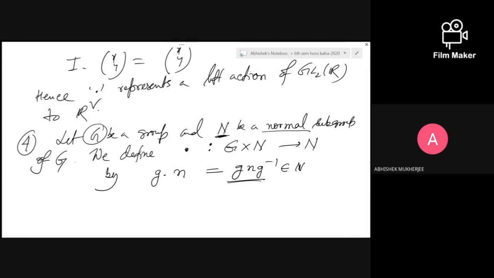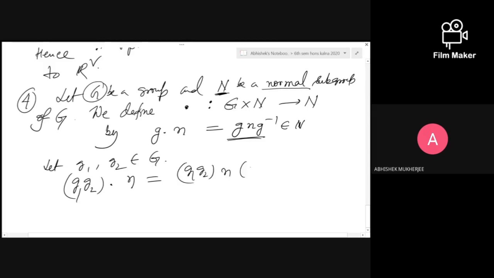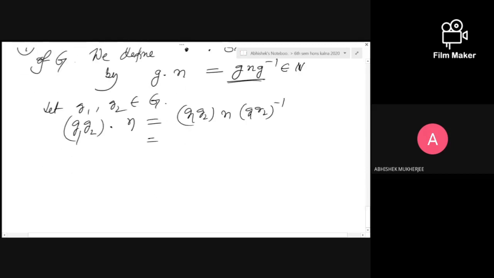Now we need to check the axioms 1 and 2 of the left action. So for this, let g1, g2 be two elements of G. Then (g1 g2) dot n is (g1 g2) n (g1 g2) inverse, equal to g1 g2 n.